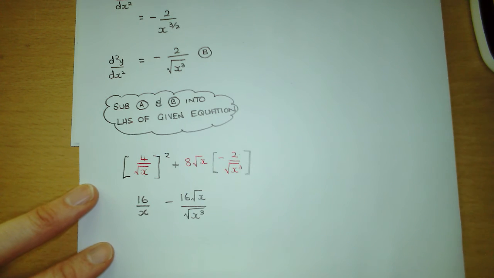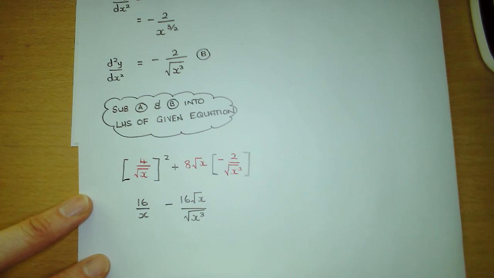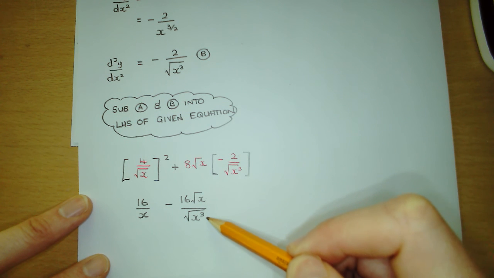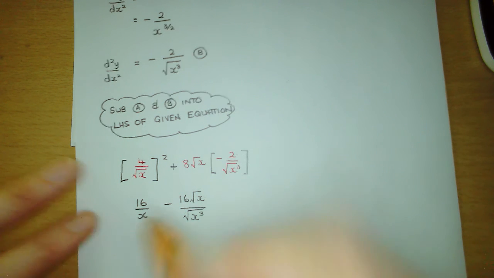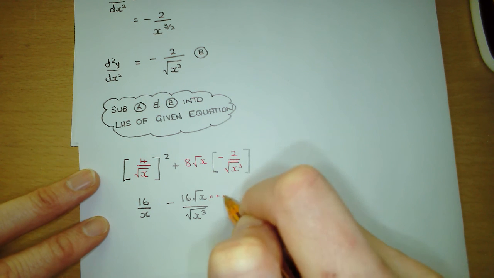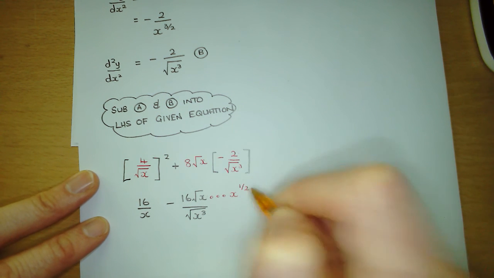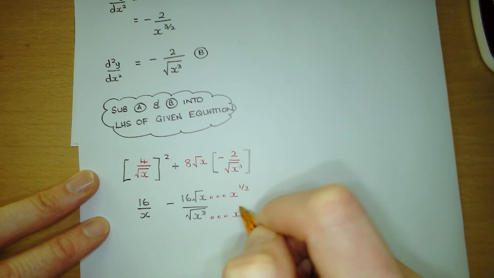Now, let's tidy it up. So what do we have? We've got x to the power of a half here, and we've got x to the power 3 over 2. Taking our top line, that root x is x to the power of a half. And this root x cubed is the same as x to the power of 3 over 2.